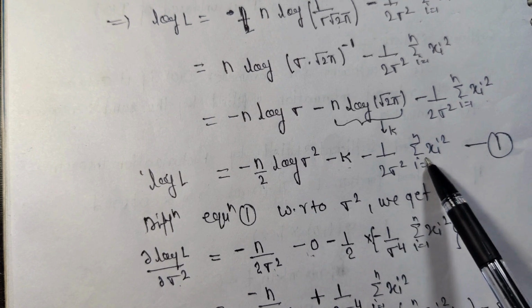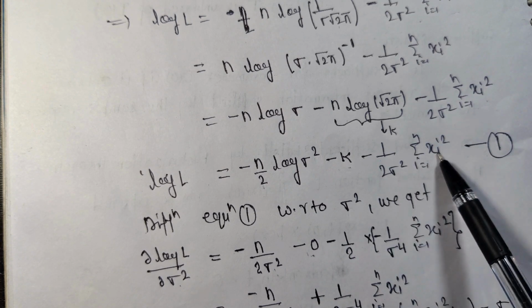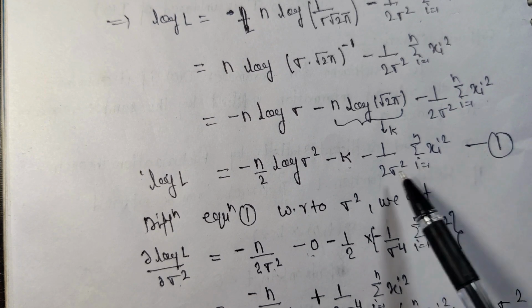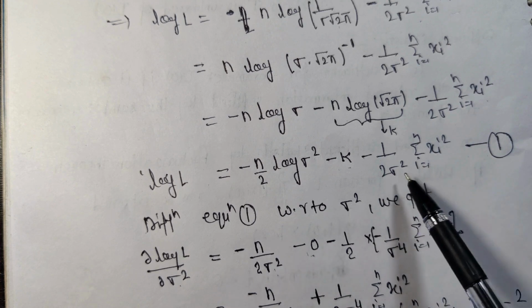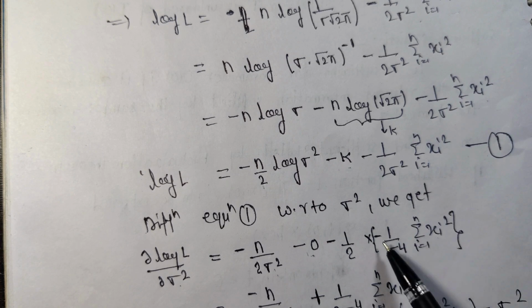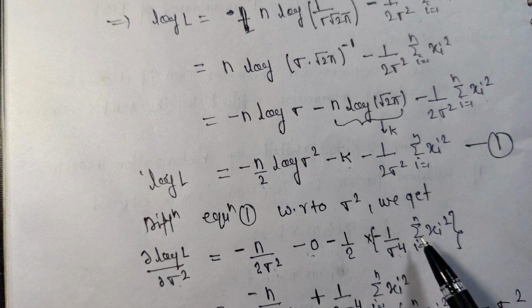The last term is 1 upon 2 sigma square times summation of xi square, and summation of xi square is free from sigma square, so differentiating sigma square, it becomes 1 upon sigma to power 4 with a minus sign. Then the final simplification of this equation is minus n upon 2 sigma square.